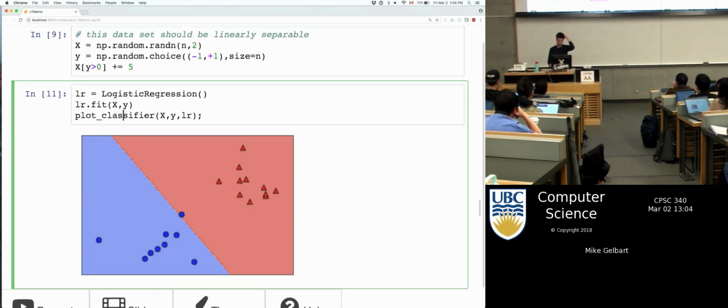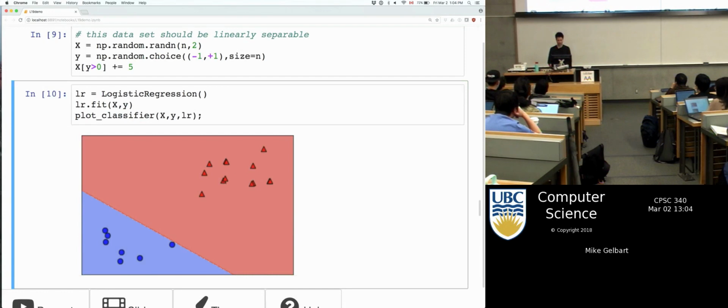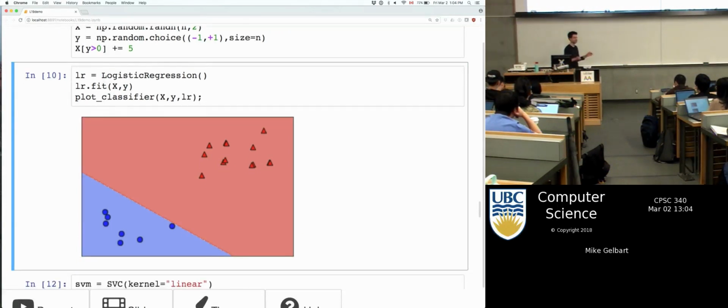So here's logistic regression being run with default hyperparameters on this problem. You might say, well, I'm not very happy with this, because why is it so close to the blue points and so far away from the red points? That's really dependent on the regularization.